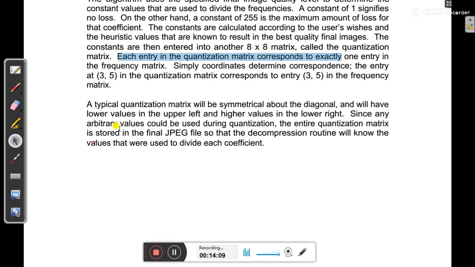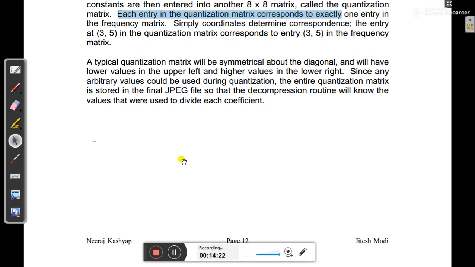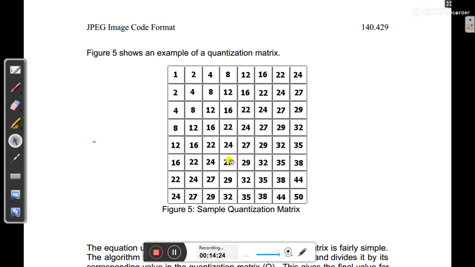Since any arbitrary values could be used during quantization, the entire quantization matrix is stored in the final JPG file so that the decompression routine will know the values that were used to divide each coefficient. So this is one type of simple quantization matrix. These are just arbitrary constants that will be used to divide the frequency matrix.